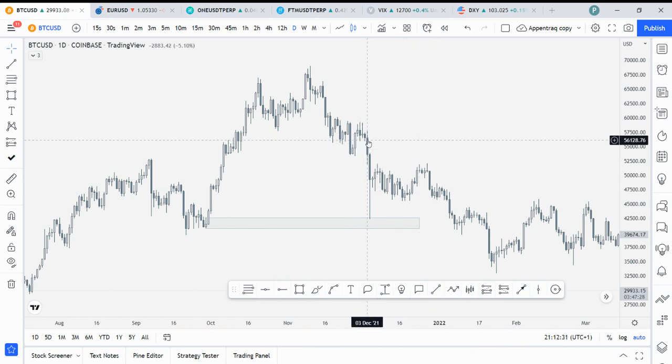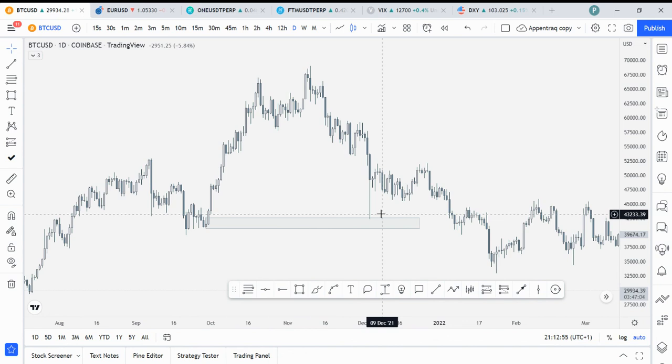All right, so that's pretty much all you need to know about supply and demand zones. Now, let me also say that even if a supply or demand zone meets all of those factors that I mentioned, it doesn't guarantee that that zone is going to hold.